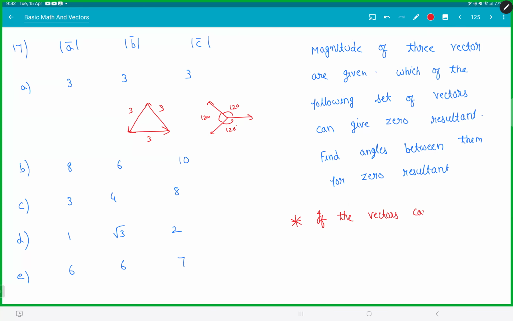If the vectors can make a triangle when joined head to tail, we get a zero vector. So you should get the sum of 2 sides greater than the third side.